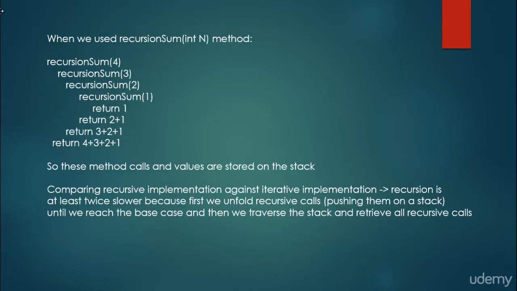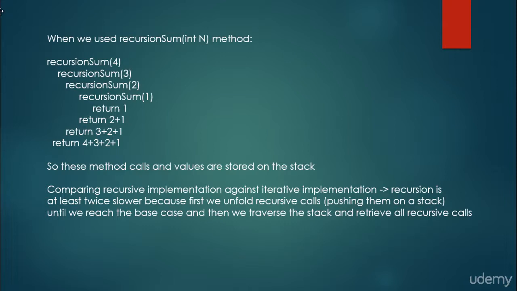So let's see, when we use recursion sum integer n, for example, when we try to add the first n numbers, what is happening in the background? We call the same method, so we call the recursion sum for 4, then we call it for 3 recursively, then we call it for 2 and for 1, and we bump into the base case, so we return 1, because if n is equal to 1, then we return 1.